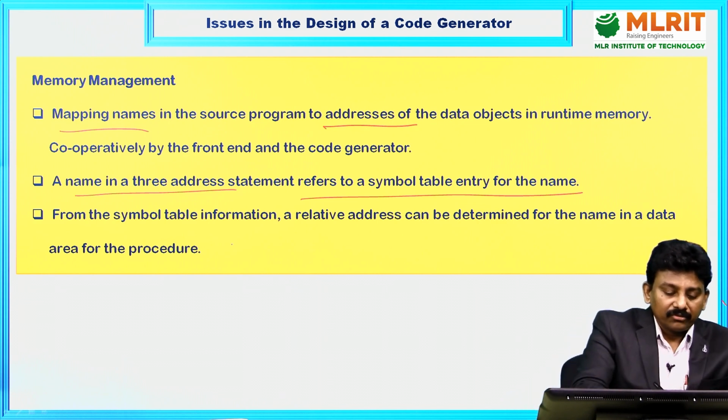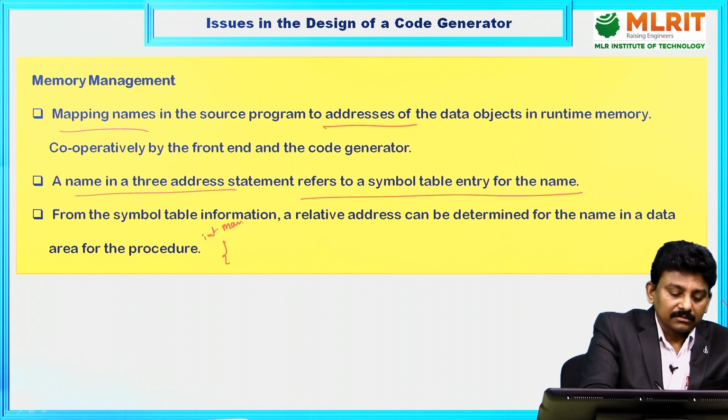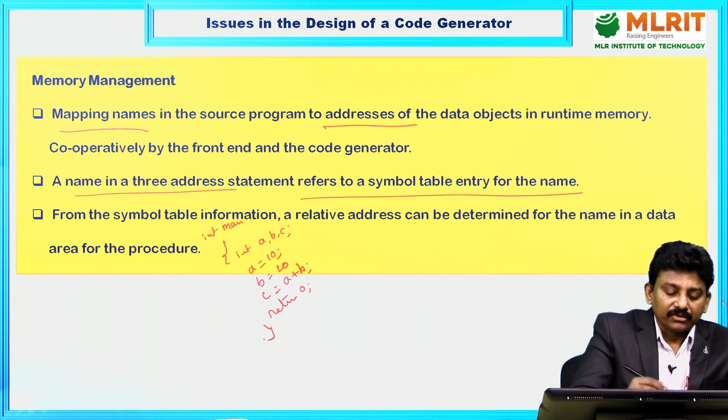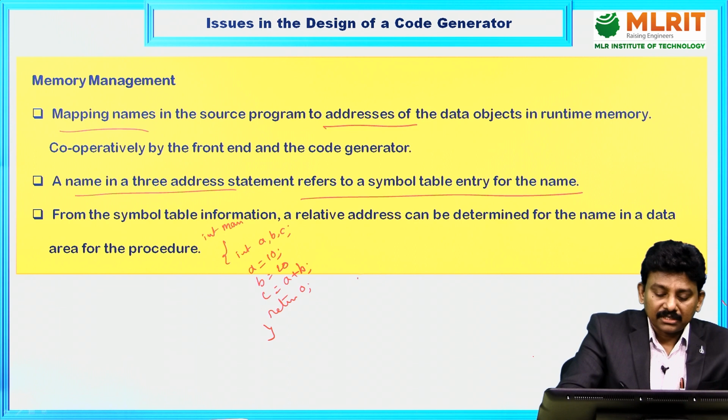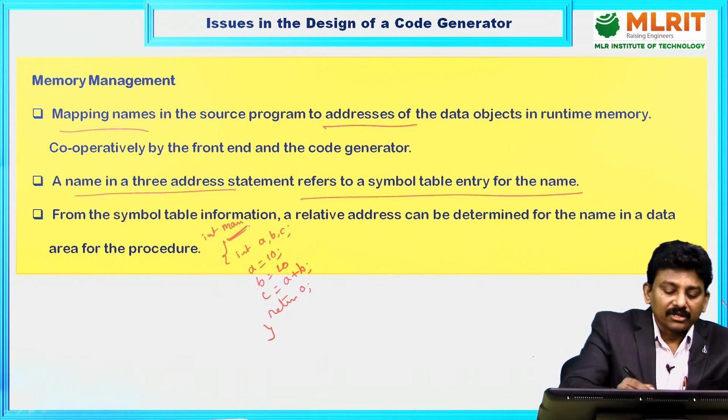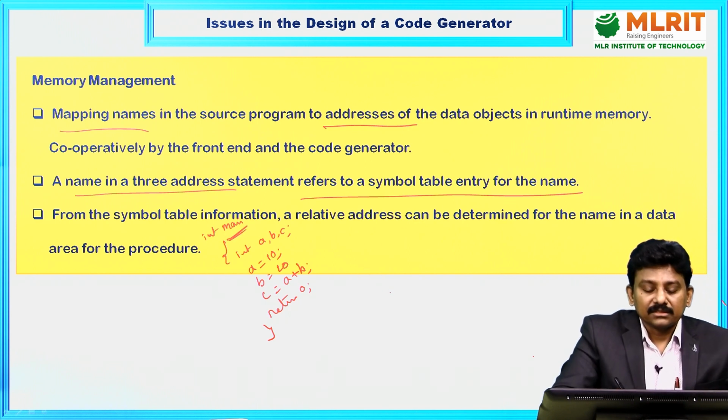For example, we have a program like this, with 3 variables A, B and C of type integer. A is 10, B is 20, C is equal to A plus B, return 0. For this source program, the relative addresses for the variables A, B, C are as follows. For this main program, a stack frame is allocated.